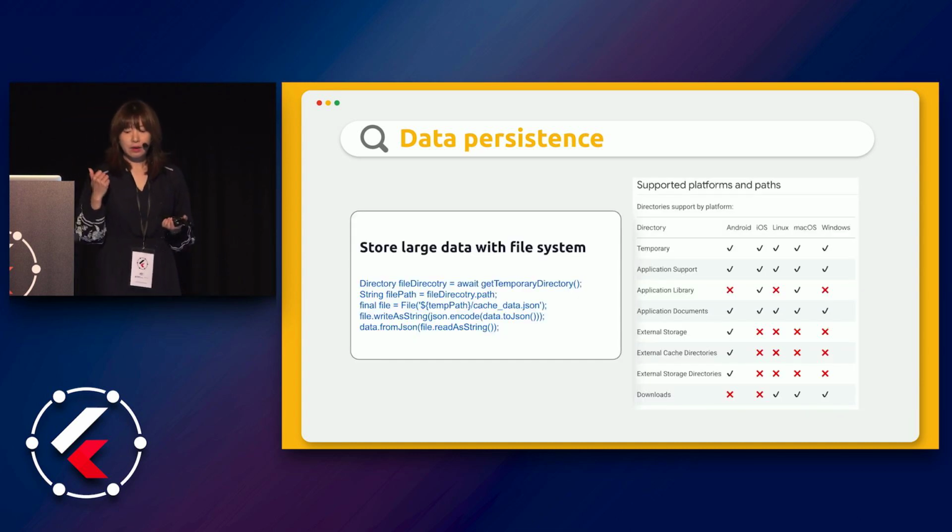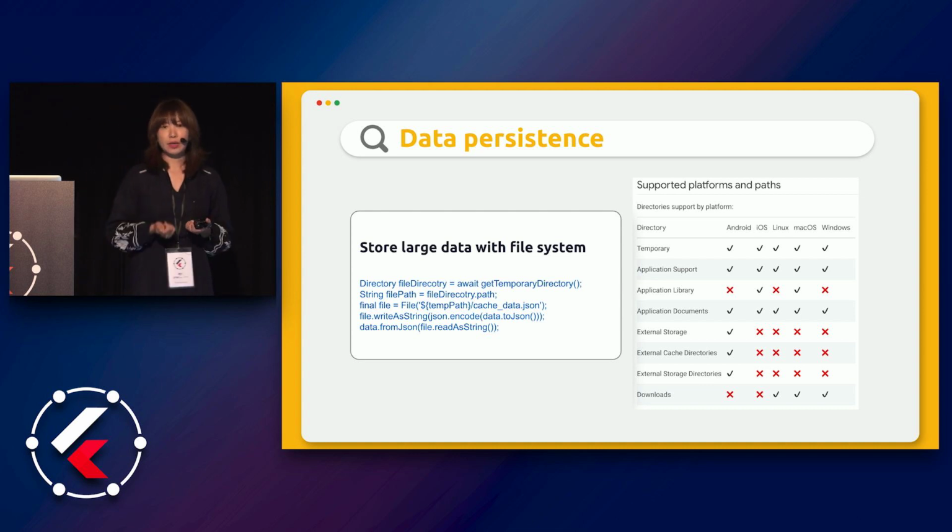Again, if we are thinking of not just storing some key values, but storing files, it's also supported on a desktop environment. You can store large files with a file system, and the list shows you what is available on each platform. And of course, on Android and iOS, you have quite good support.